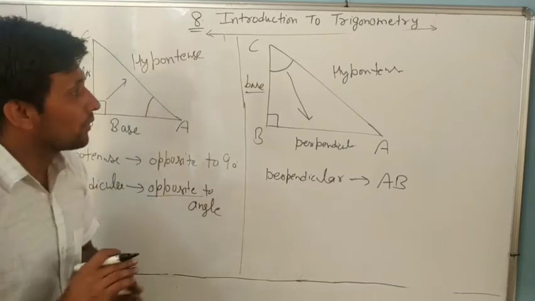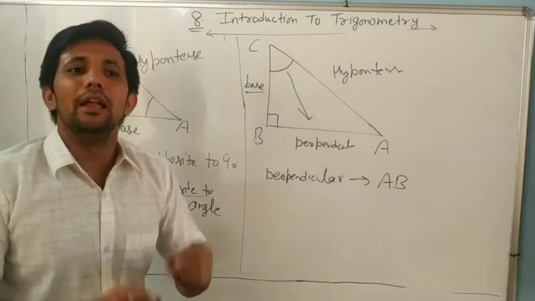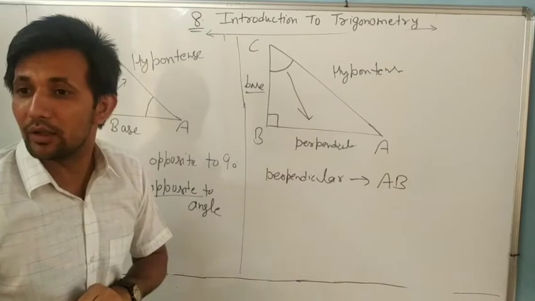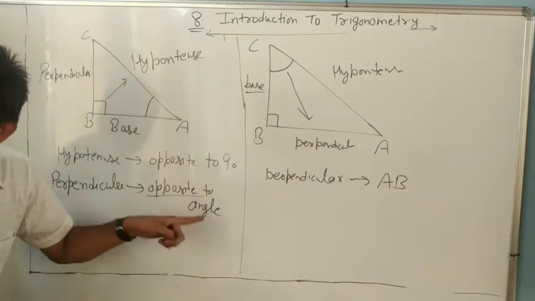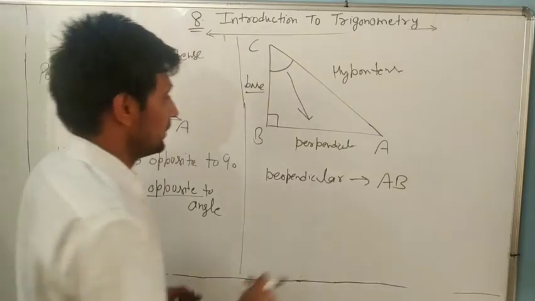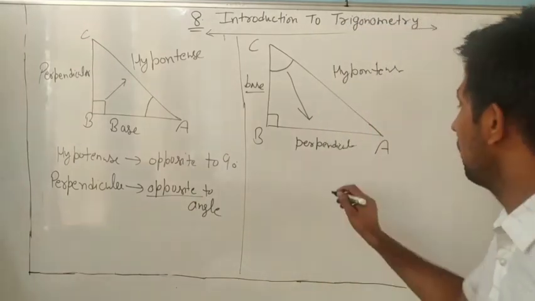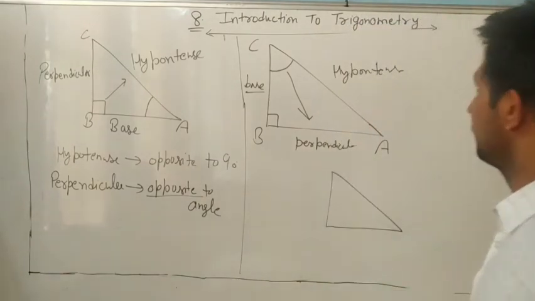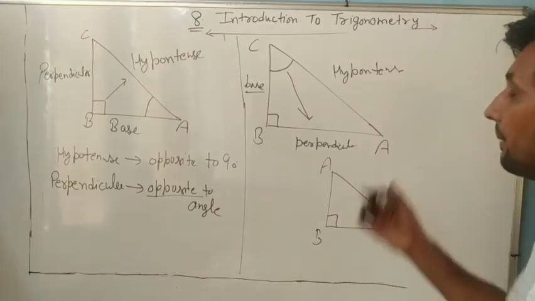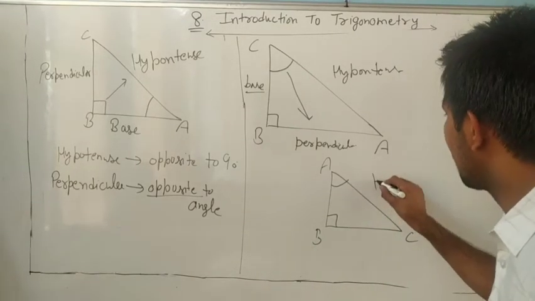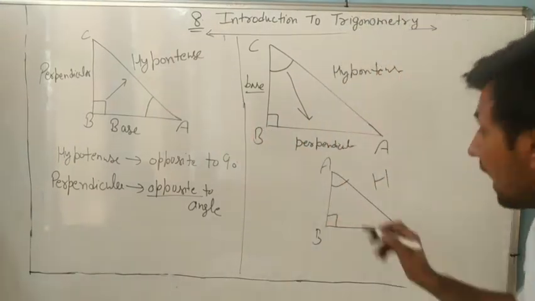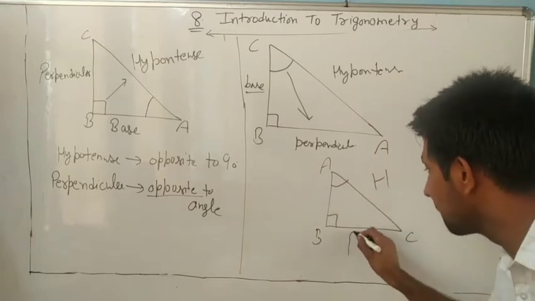Perpendicular means opposite of the angle. Now you will ask, sir, you did not take angle A in the question, dear. In every question, if it is angle C, which one is perpendicular? Perpendicular means opposite to the angle. Understand, dear? Maybe like this: A is here, B is here and C is here, and angle A. So now this is the hypotenuse, represented by H. Opposite of the angle is always perpendicular.